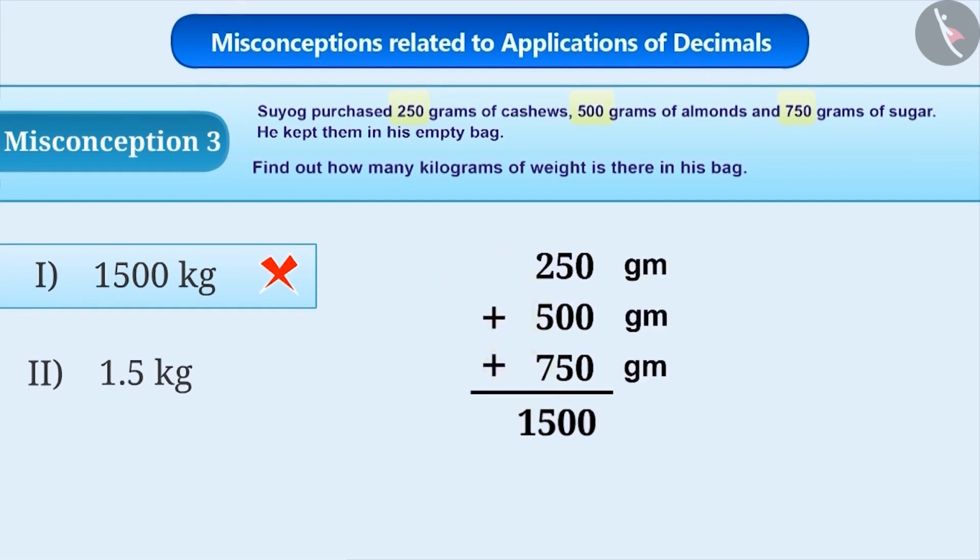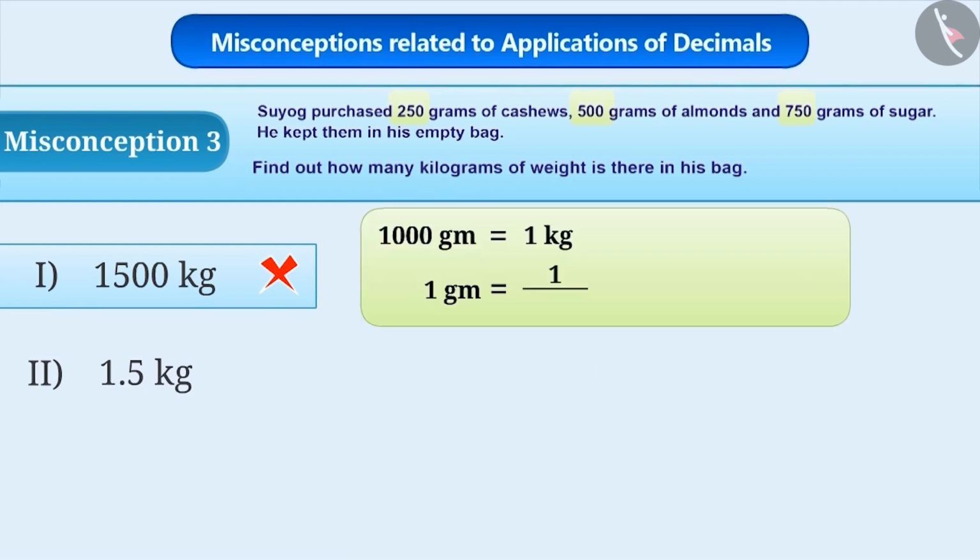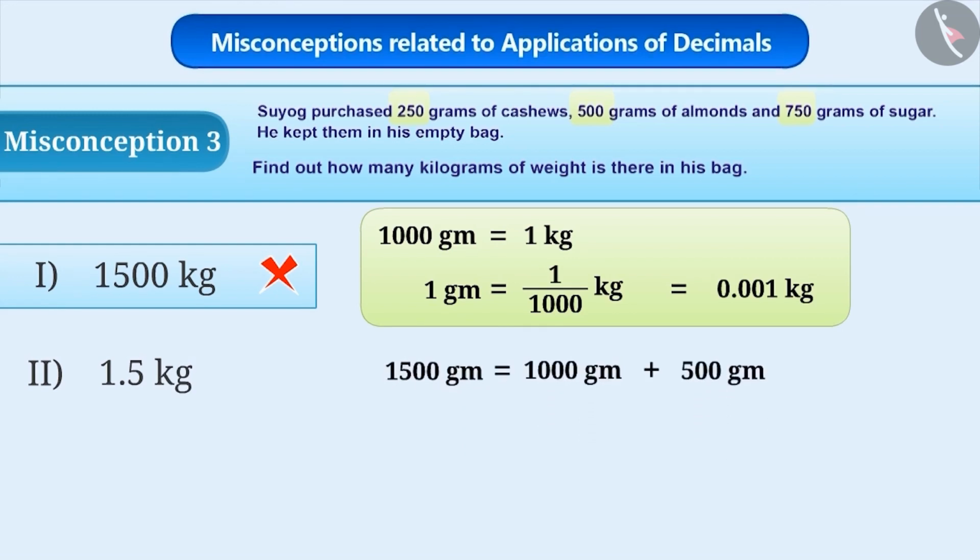The result is asked to be expressed in kilograms. The sum of these numbers is 1500 grams. You must be knowing that 1000 grams equals 1 kilogram. So 1 gram is equal to 1 by 1000 kilograms. That means 1 gram is equal to 0.001 kilograms. Now 1500 grams equals 1000 grams plus 500 grams. 1000 grams equals 1 kilogram.